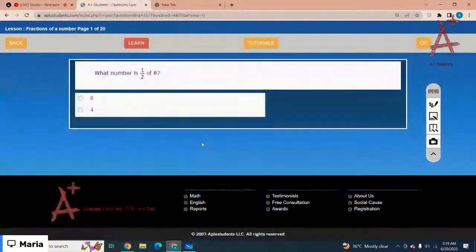So the correct option is 8. Let's just start with the test questions. What number is half of 8? So which is the correct option? Half of 8 is exactly 4.